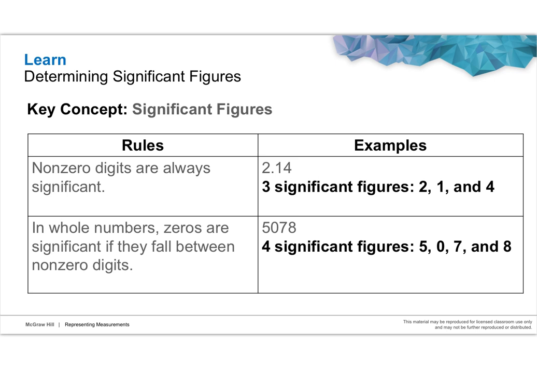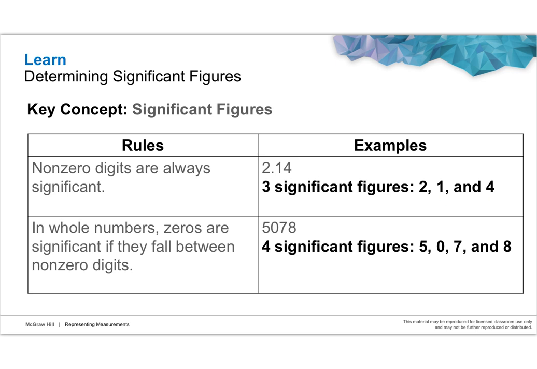First of all, any non-zero digits, so 1 through 9, are always significant. So in this example here, 2.14, or 2 and 14 hundredths, there are three significant figures, 2, 1, and 4.